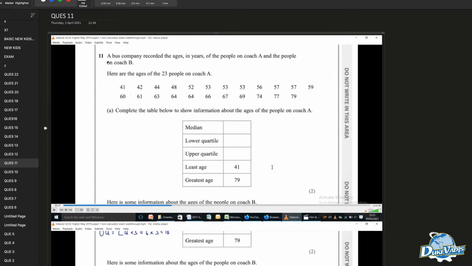If we fill the table, we should calculate the median, the lower quartile, and the upper quartile.